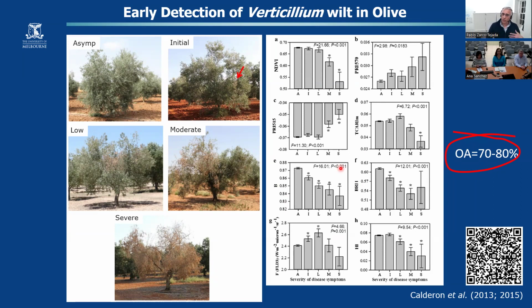And those results already demonstrated that we could get overall accuracies of around 70 to 80%. And that was good news because, with ratios or indices, depending on which ones they were and where they were calculated, we could detect the disease or the symptoms induced by the pathogen.